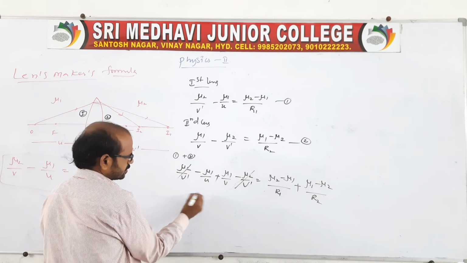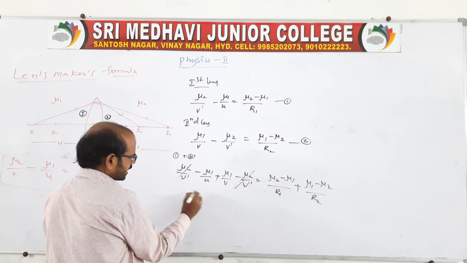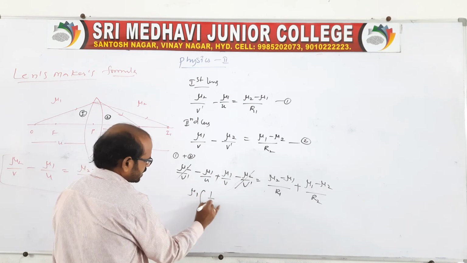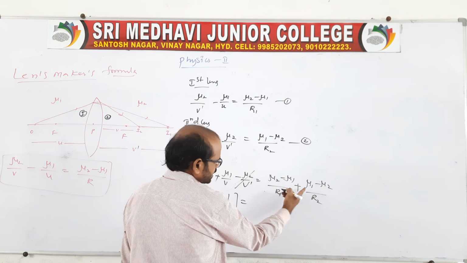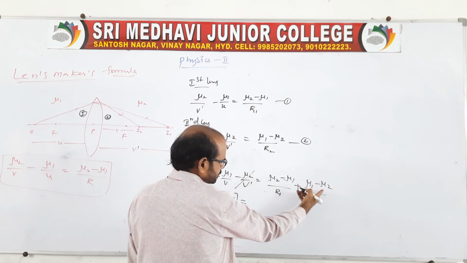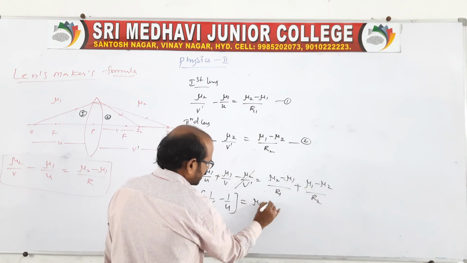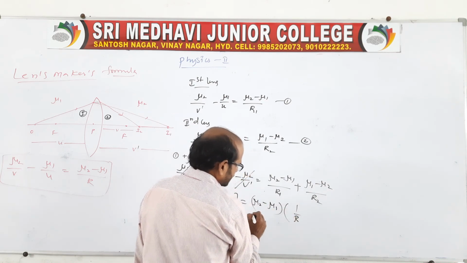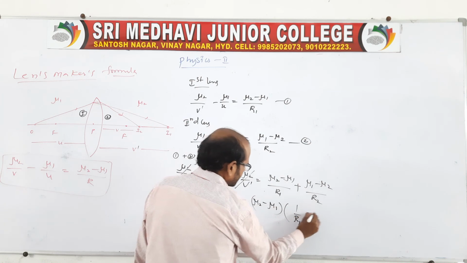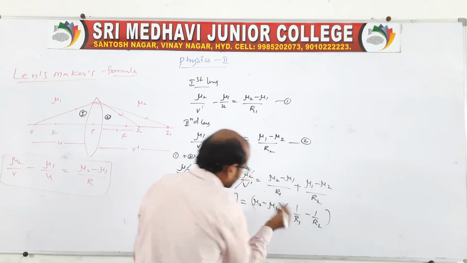Then here we will get, you take mu as common, 1 by v minus 1 by u, is equal to, look here, actually mu2 minus mu1, and here also mu1 minus mu2 is there, no? In this, if you take mu2 minus mu1 as common, therefore it will be r1 minus r2, because here we are taking mu2 minus mu1, no?